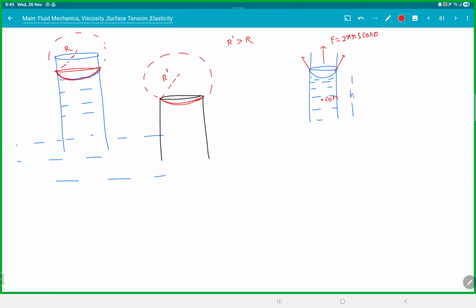This will be the center of mass. 2 pi r S cos theta is equal to mg. The heat produced will be 2 pi r S cos theta, that is a force, into displacement, minus mg h by 2. This will be mgh minus mgh by 2. Half of it becomes heat.